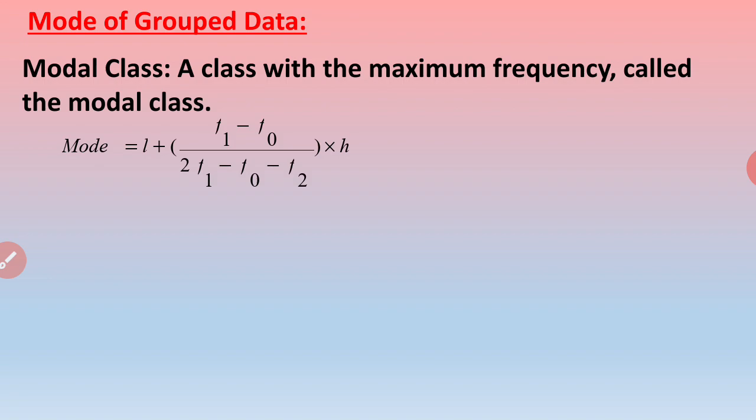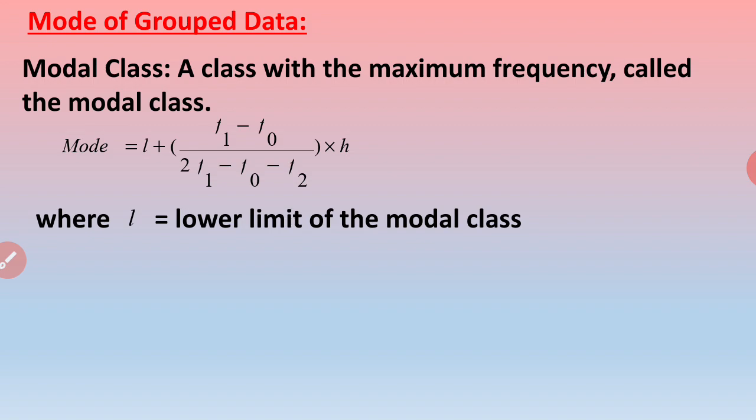Now, the formula goes as L plus in the bracket F1 minus F0 upon 2F1 minus F0 minus F2 bracket complete multiplied by H. Now let us see all the terms one by one, where L is equal to lower limit of the modal class. So you are going to select the modal class and its lower limit will be called as L.